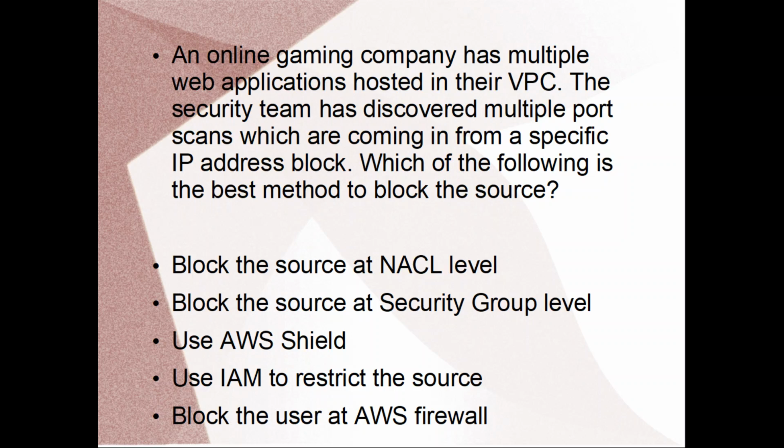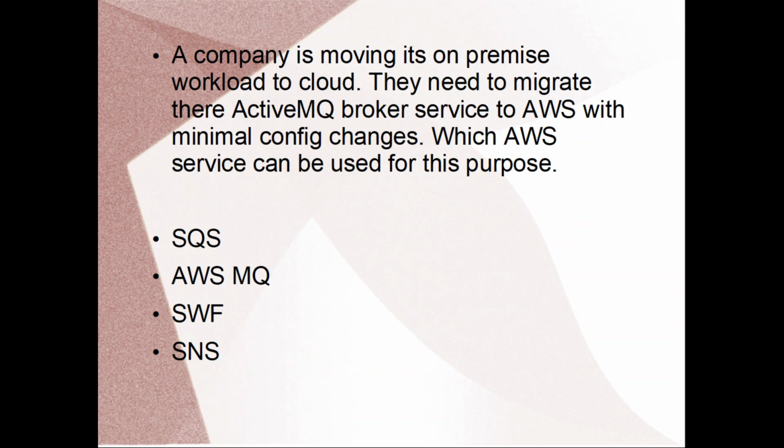So the blocking is basically done at the NACL level in these questions. IAM and AWS firewall are not the answer for this question, because with IAM you cannot restrict IP ranges, and AWS firewall is a very vague kind of answer. So the answer should be to block the source at the NACL level.